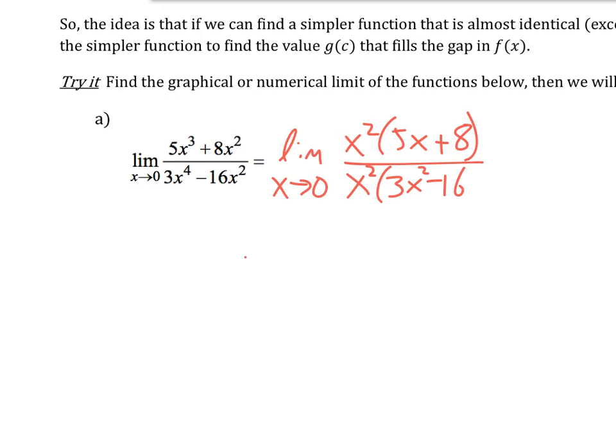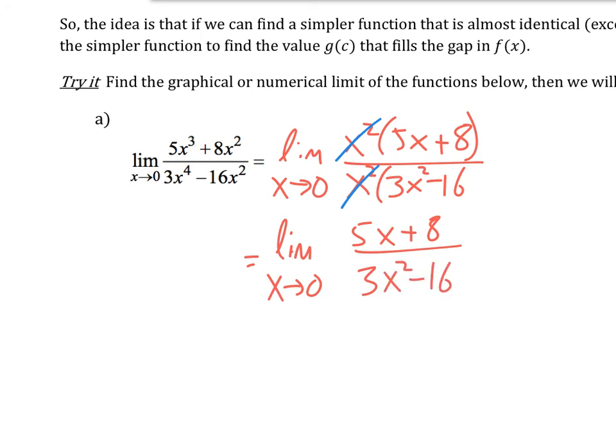And so we haven't found the limit yet. We're just cleaning up this function. And we notice those x squareds cancel. And so the limit that we were starting with is the same as the limit of this. And we have to ask ourselves, can we just substitute here? Well, we can, right? 0 is not a problem anymore.